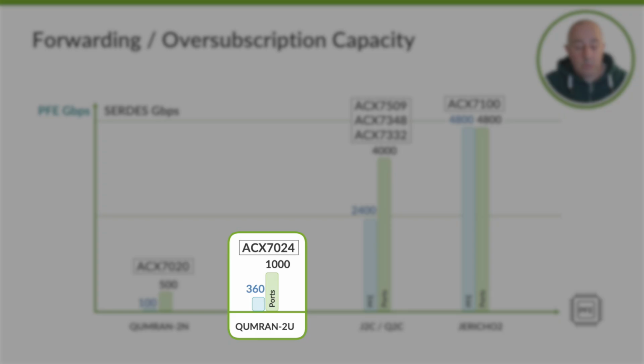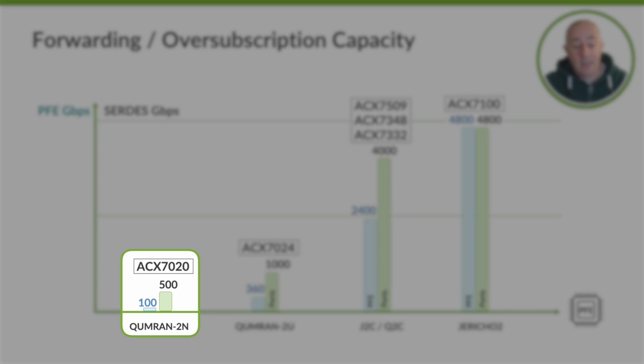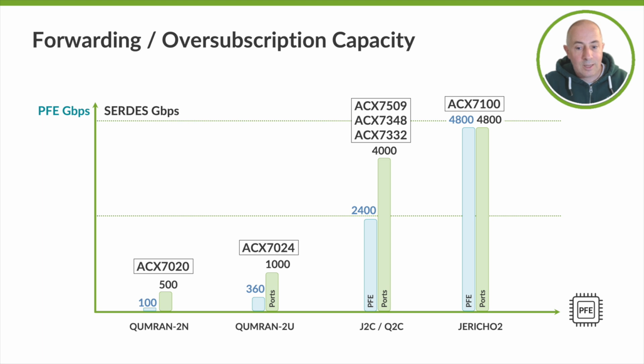So Qumran 2U also can have 360 gigabits of forwarding, while you can interconnect 1 tera of interfaces. Likewise, on the Qumran 2N, you have 100 gig of forwarding, while you can connect 500 gigabits of interfaces. These products are purposefully oversubscribed. They offer more interfaces, more links than they can actually forward.